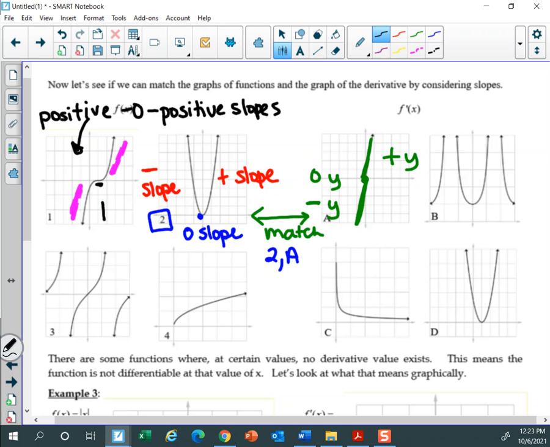And I'm hoping you realize that that's D. Positive y, 0 y, positive y. On the left side, we're looking at slopes, and we're matching slope behavior to y value behavior. So 1 was D, 2 was A.